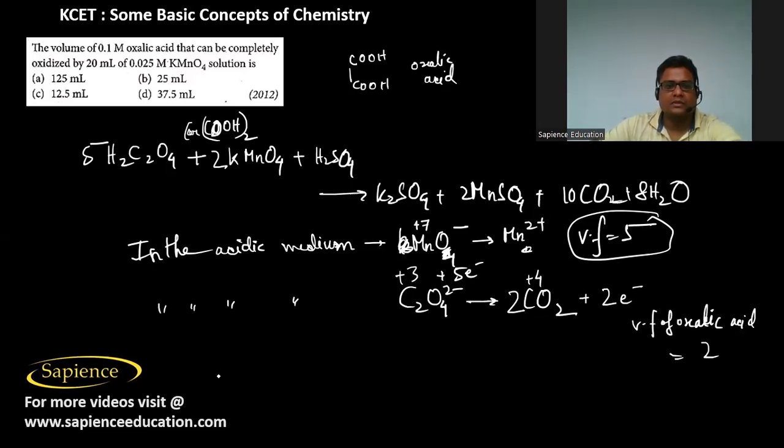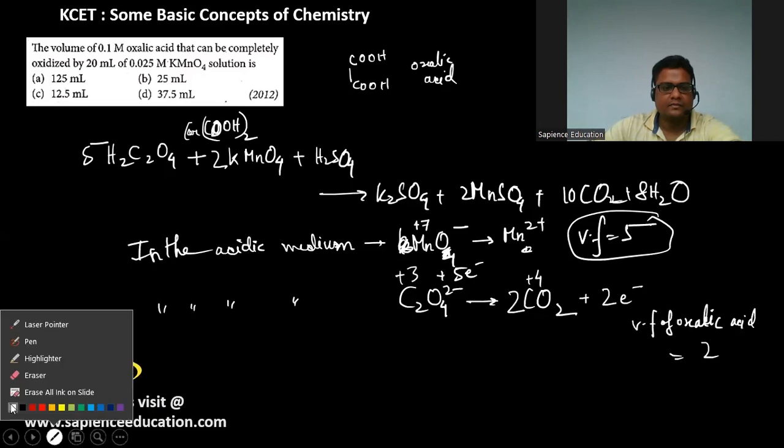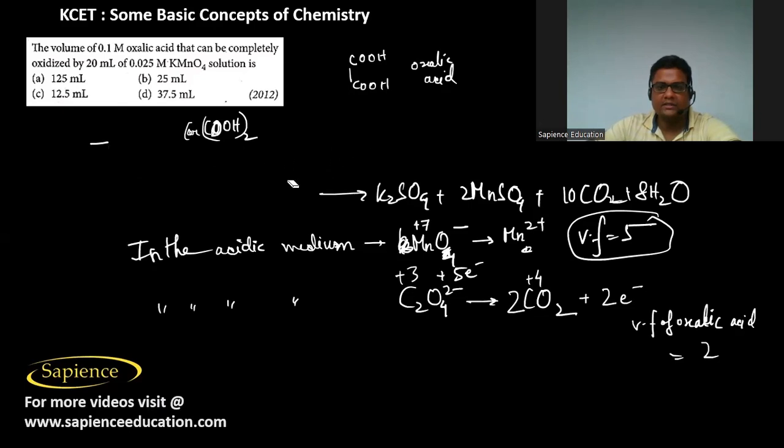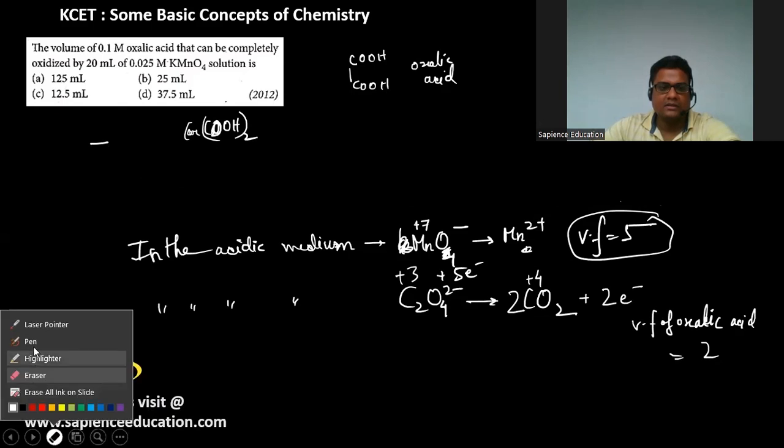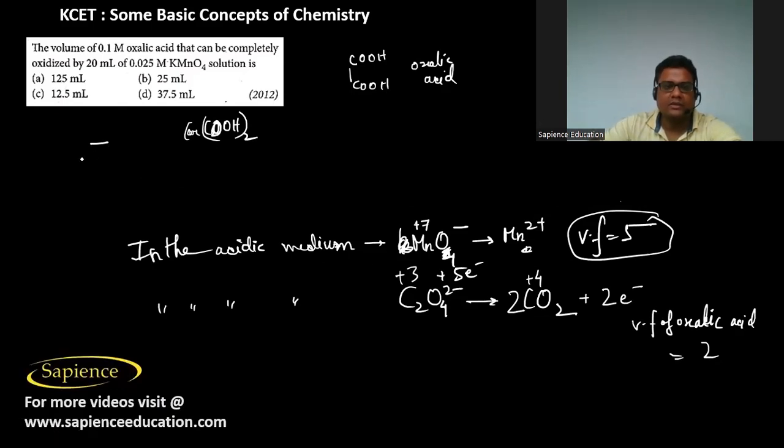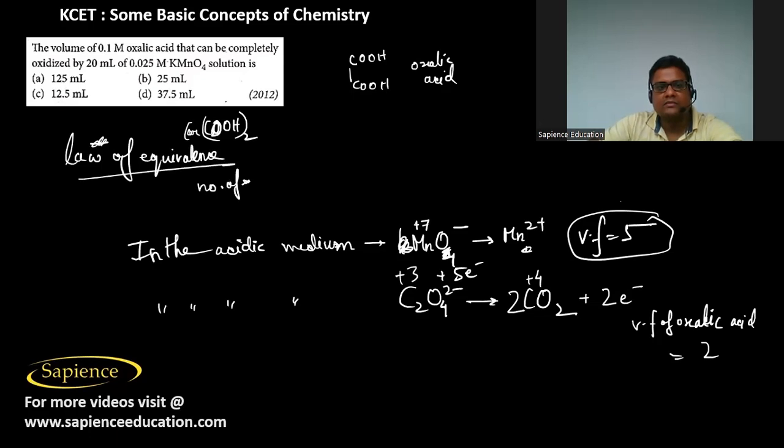So actually here we don't need this balanced chemical equation. We can simply solve it by using this valency factor. We can simply apply the law of equivalence, which states that the number of equivalents, or the number of milliequivalents, of all the reactants and all the products should be same.